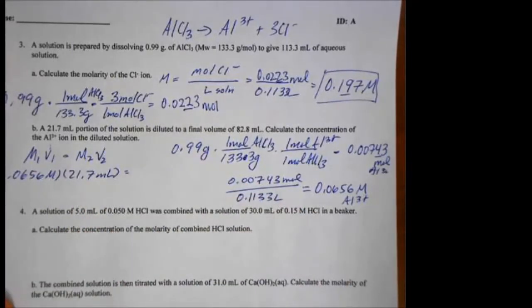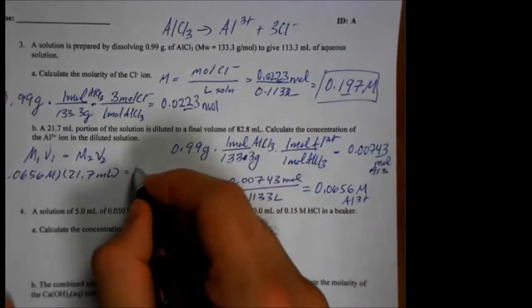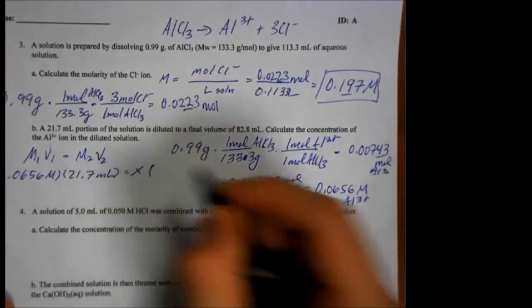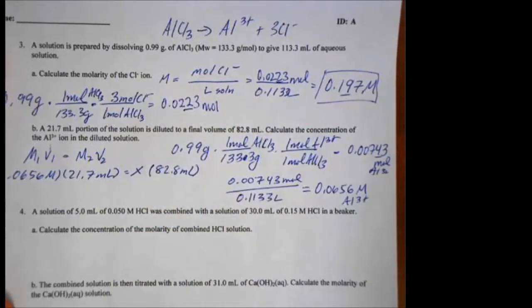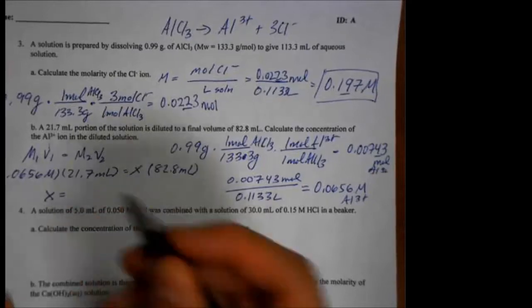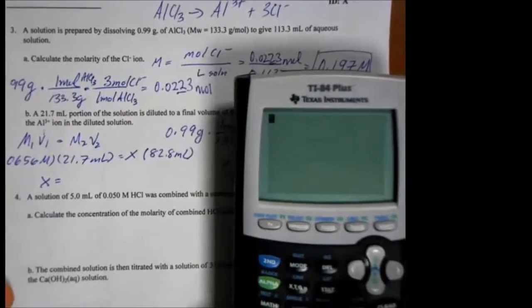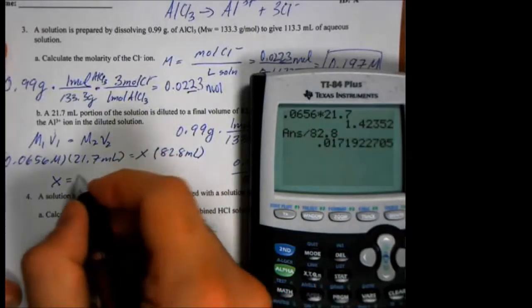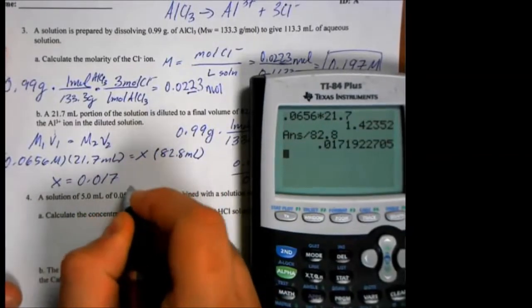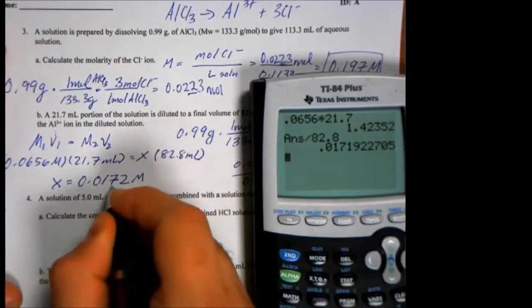And then we're going to set this equal to the concentration, which we don't know, in a solution with a volume of 82.8 mLs. So if we solve for x, we can calculate that directly, which is 0.0656 times 21.7, divided by 82.8, and we get 0.0172 molar.